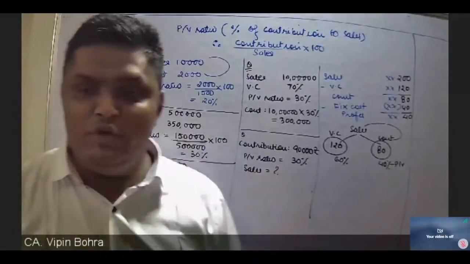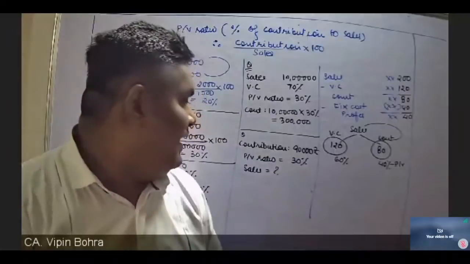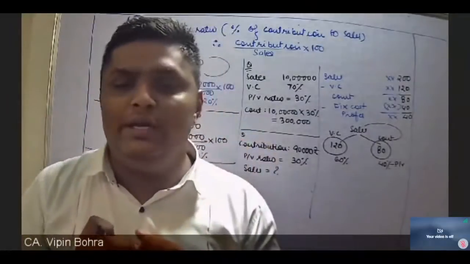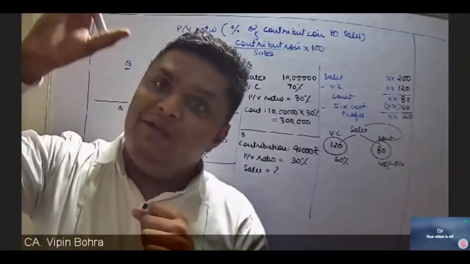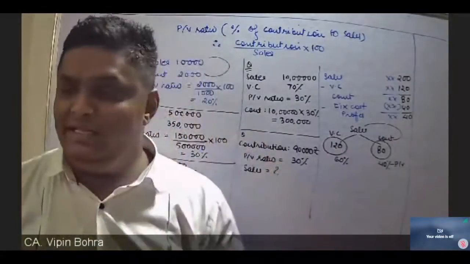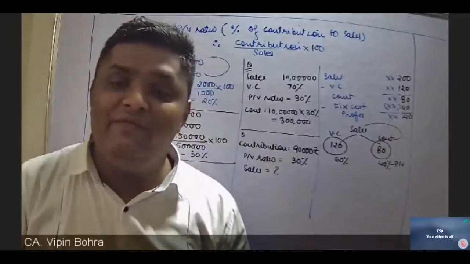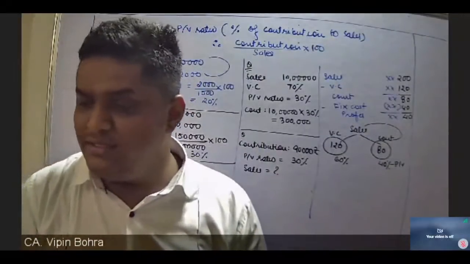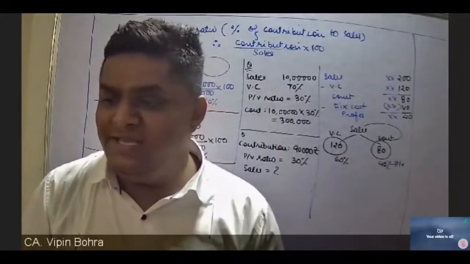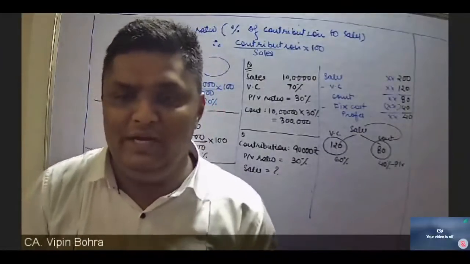My contribution is 90,000 and my percentage of contribution to sales is 30%. I have to calculate a figure whose 30% is 90,000. So what will be that figure? That is the sales. Any answers? Please post your answers in the query section. I'm waiting for your answers.